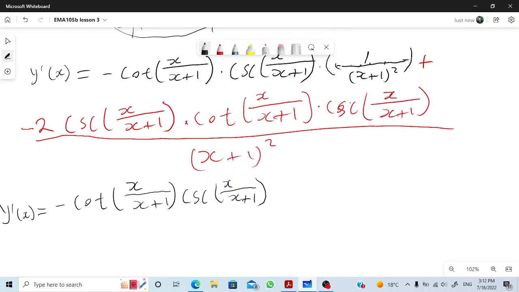Now plus the negative of this, so negative and minus will result in a negative.